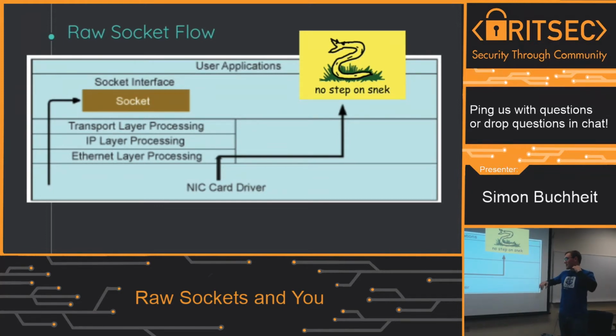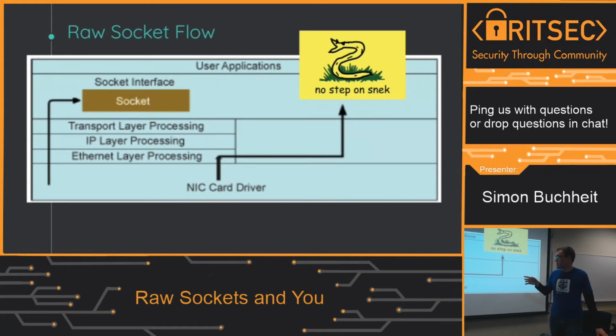For your raw socket, it's this right arrow. You get hit with the Ethernet layer processing, and then it goes straight up to your application. The kernel doesn't really do anything other than the Ethernet processing, and most of the time it won't even do much. It'll just be like, cool, is this for me? If yes, forward it on to the application. So it doesn't do too much.